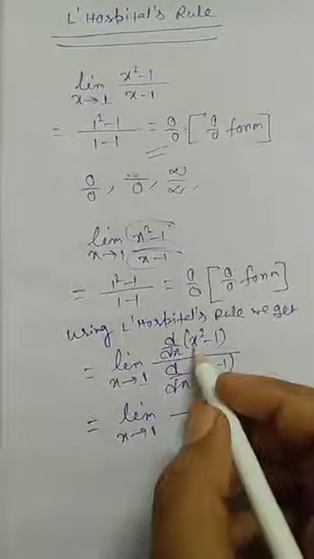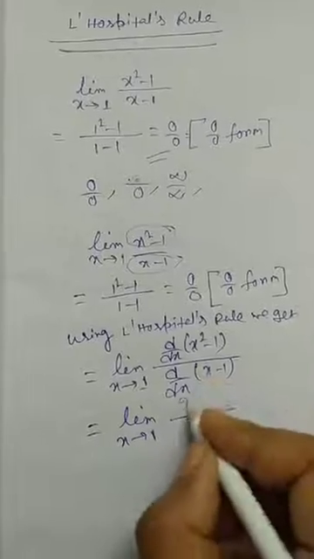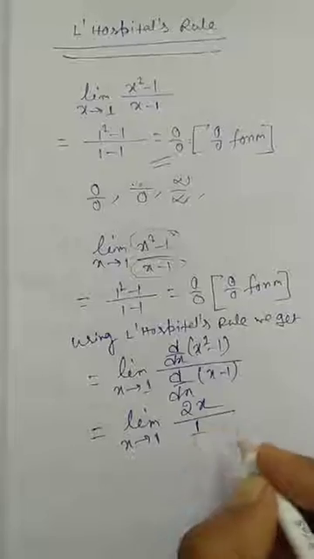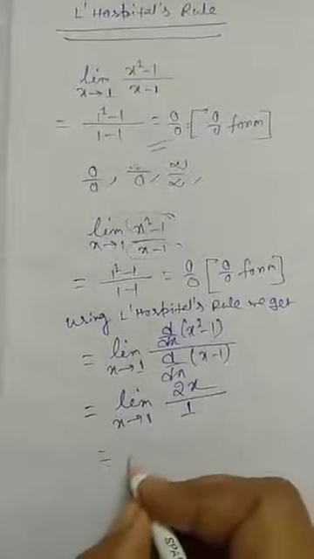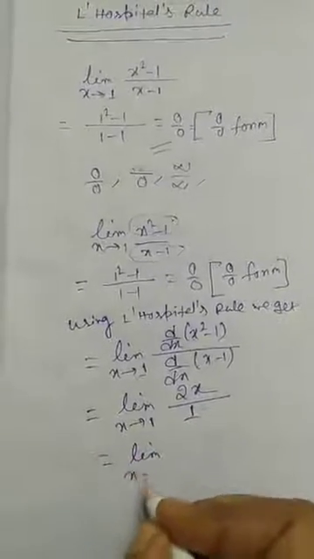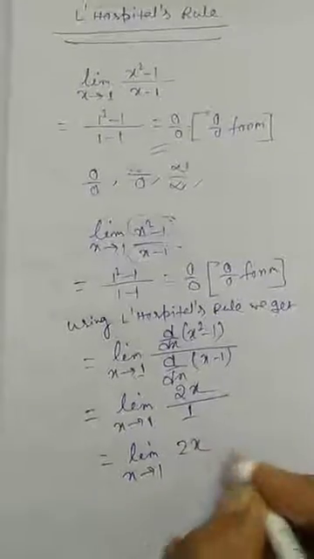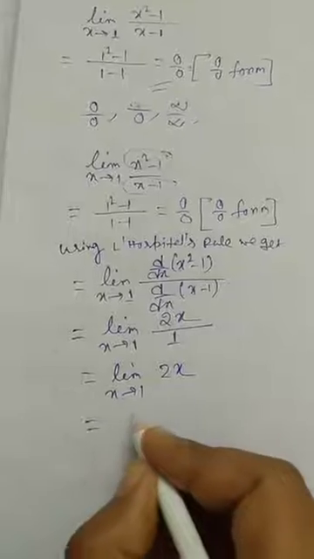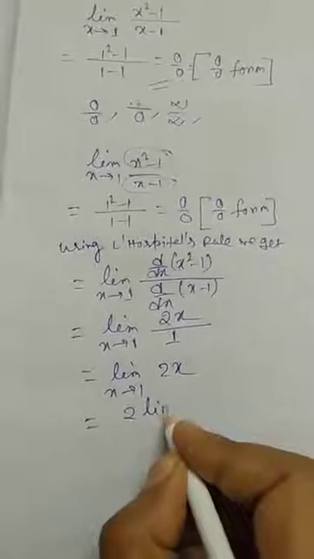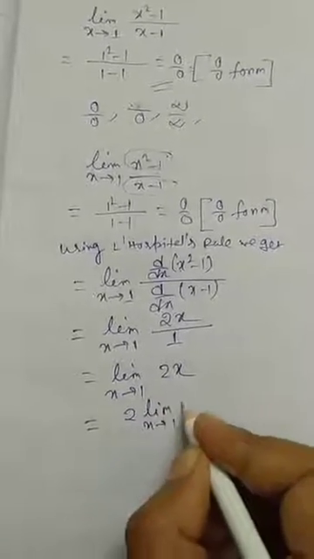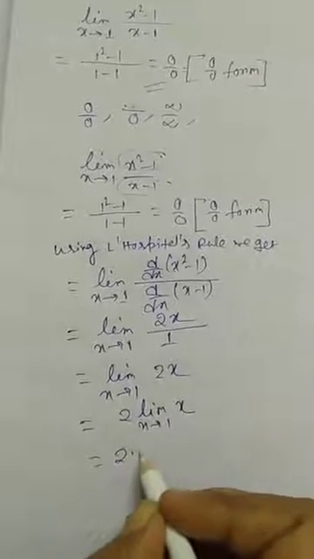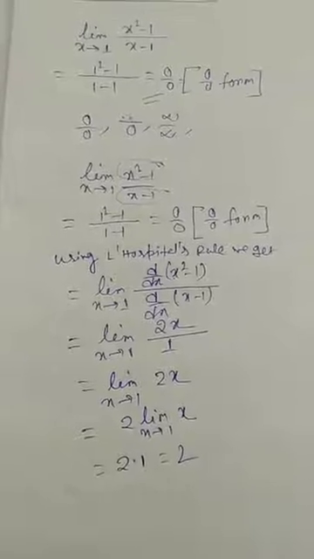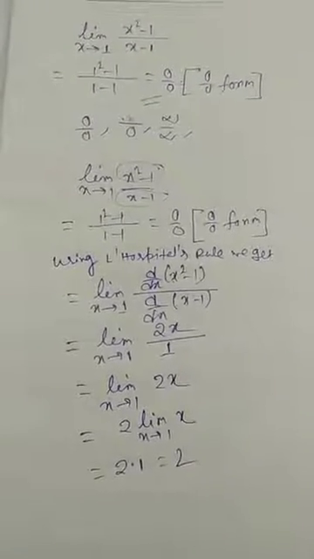We know the derivative of x^2 - 1 is 2x, and the derivative of x - 1 is 1. So we write limit x tends to 1 of 2x. Now you can put x is equal to 1 here, no problem. So this is equal to 2 into 1, which is 2. So 2 is the answer, and this is the L'Hospital's rule.